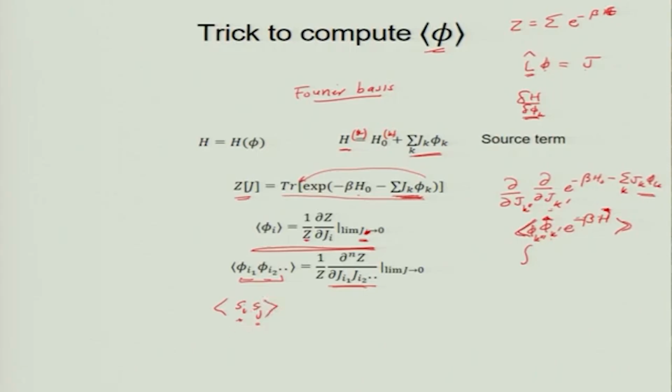There I will say that my Ising spin in the Hamiltonian is in real space, but I put a source j_i at every site, like a magnetic field at every point. If I want S_i, I need to take the derivative of Z with respect to the magnetic field at site i, which gives me S_i out, and then set the magnetic field to 0.